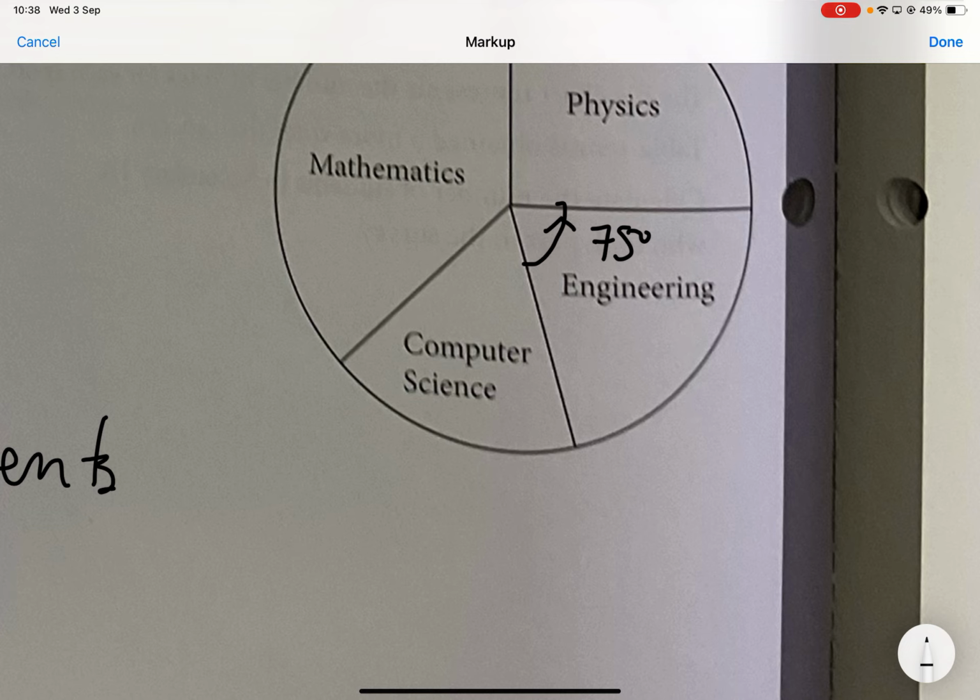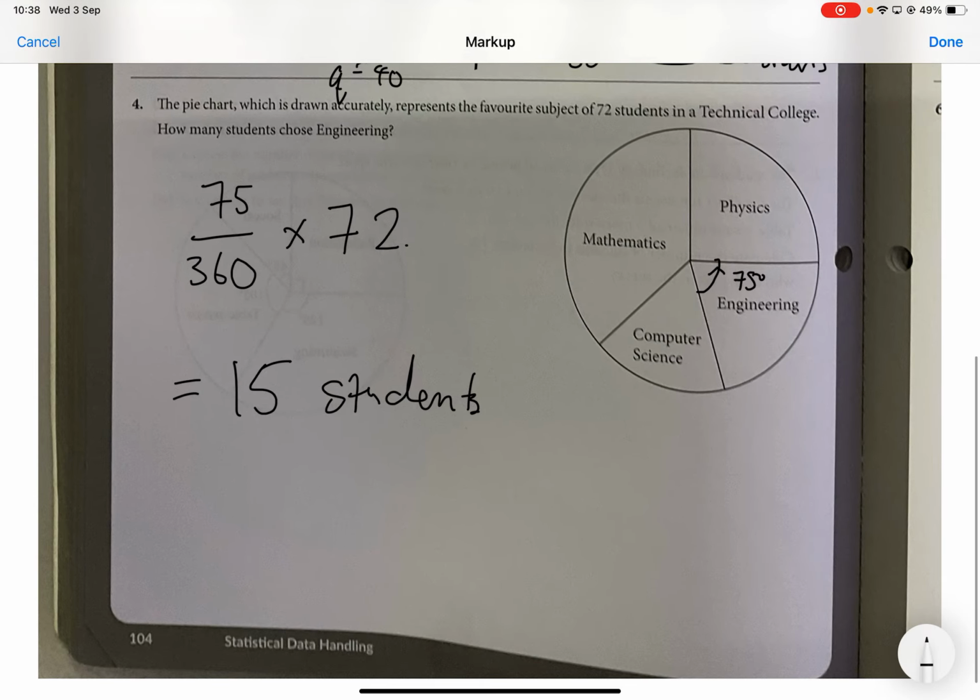Put your protractor, go and measure. Make sure you are able to read from your protractor. Done? Okay, next.